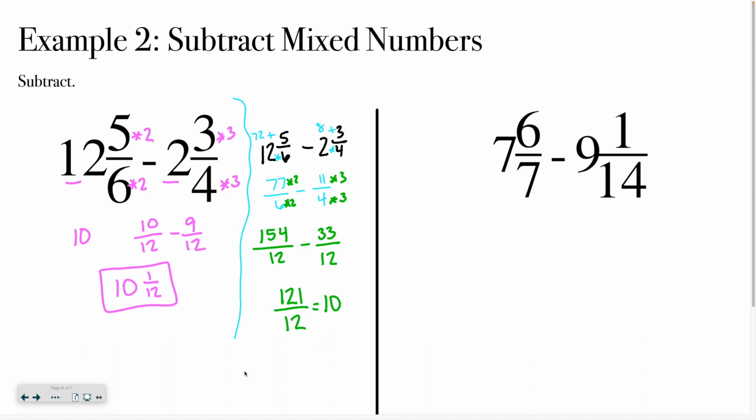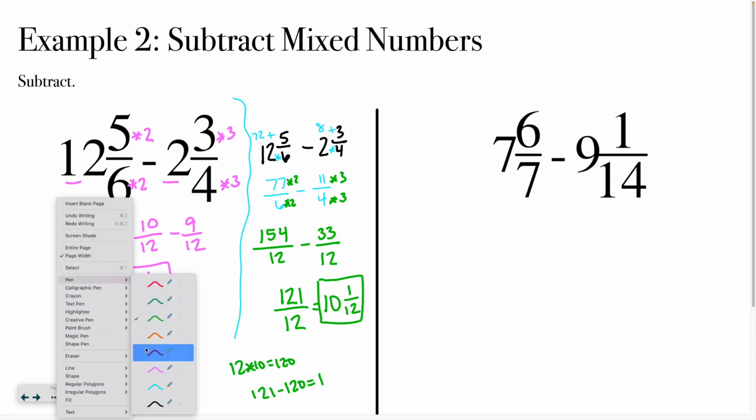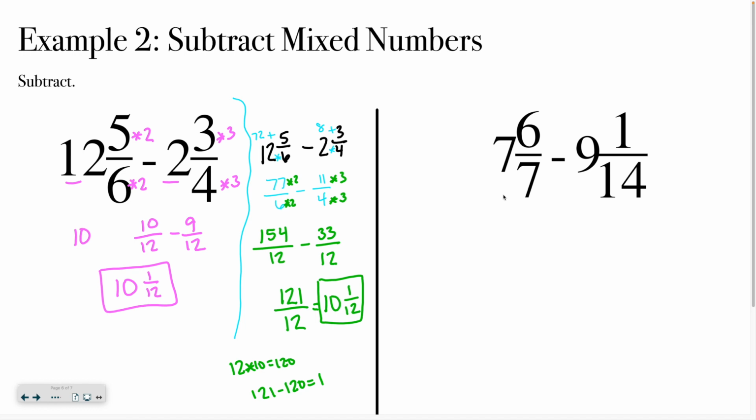Then 12 times 10 is 120, so if I do 121 minus 120 to find out how much is left over, I see that there's just 1 left over. So my answer would be 10 and 1/12. Okay, so that is how you can do it using an improper fraction. If you need help with that, please ask.